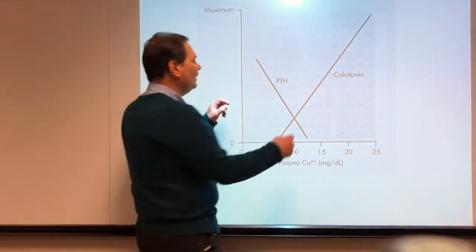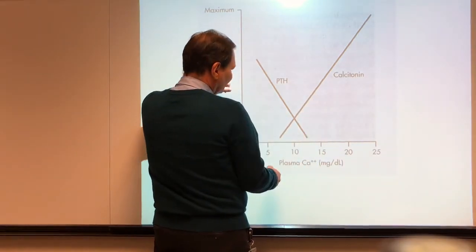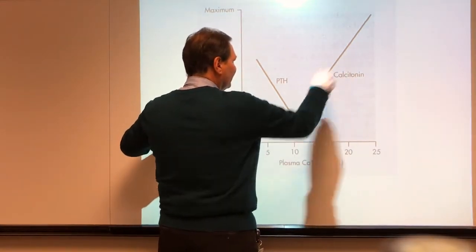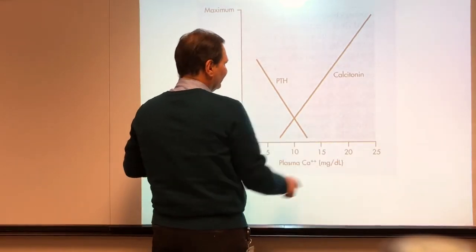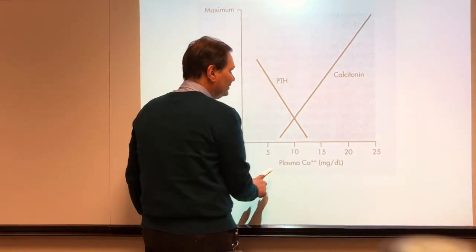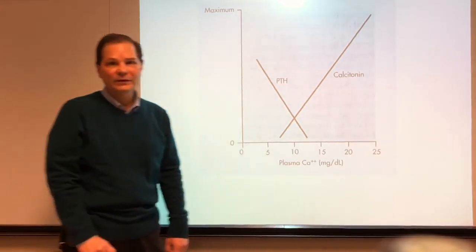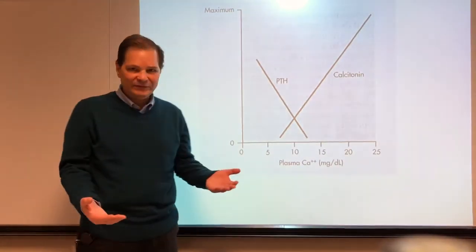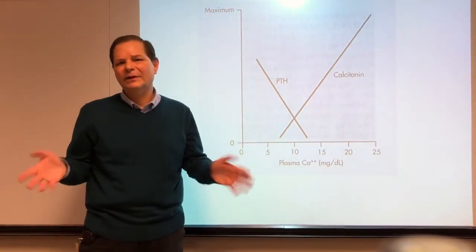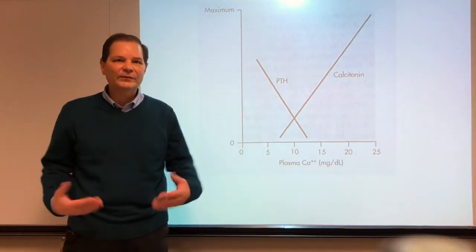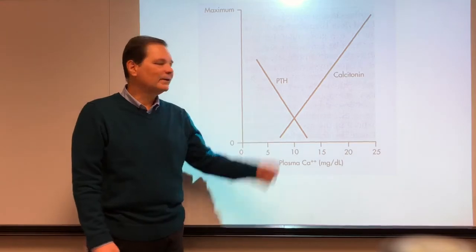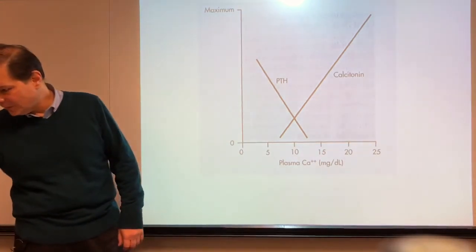So these are inverse. Decreasing calcium decreases calcitonin and increases PTH. Increasing calcium does the opposite, decreases PTH, increases calcitonin. And through the action of these two, this is primarily how you regulate calcium in the serum, along with some help from vitamin D, which is very closely related to the PTH, okay?